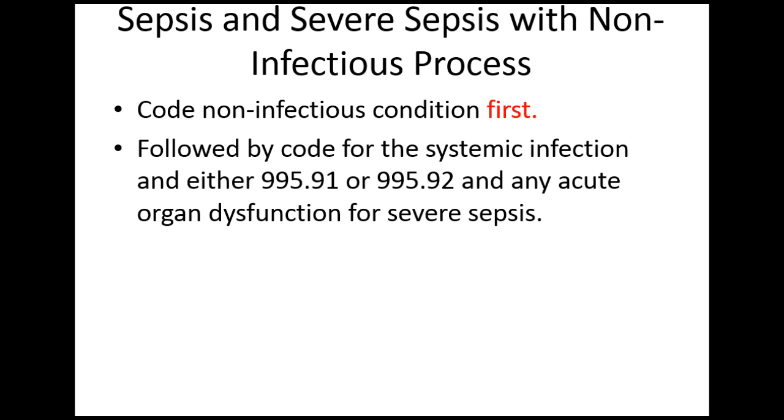In some cases, a non-infectious process, such as trauma, may lead to an infection which can result in sepsis or severe sepsis. If sepsis or severe sepsis is documented as associated with a non-infectious condition, such as a burn or serious injury, and this condition meets the principal diagnosis, code the non-infectious disease first, followed by a code for the systemic infection, either 995.91 or 995.92, and any acute organ dysfunction for severe sepsis.